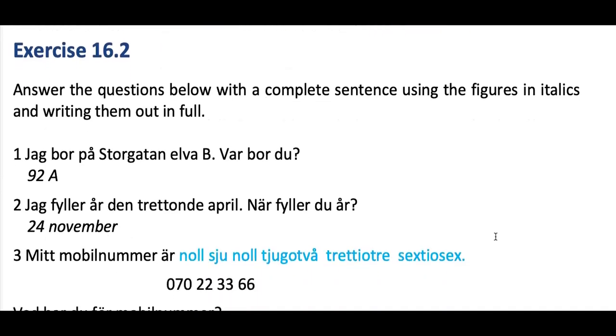That is, we have to answer these questions using the figures in italics and write them out in full. So we have to write them basically in full form. "Jag bor på Storgatan 11B" means I live at Storgatan 11B.